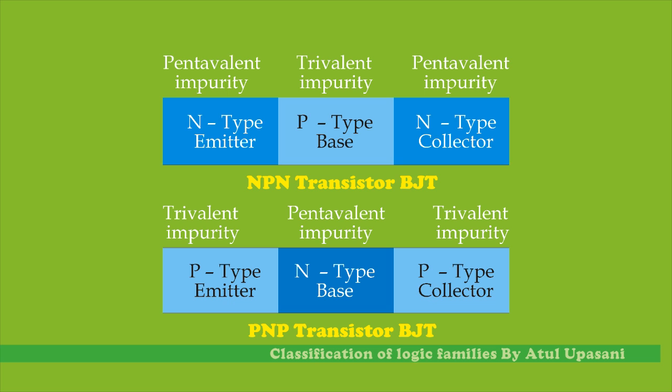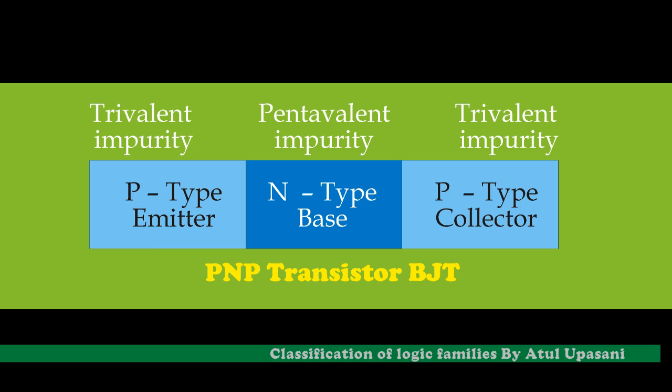So if the impurity doped on either side of the substrate is of trivalent type, it will form a p-type at the ends, and in between, if a pentavalent impurity is added, it forms an n-type region. In this way, this device will have three regions, two p-types at the ends and one n-type in the middle.